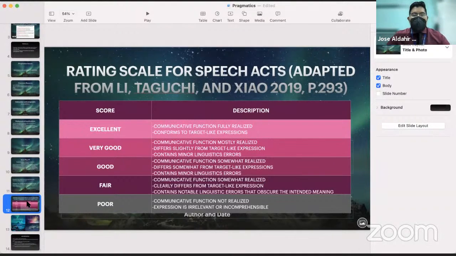So being excellent, we have a communicative function that the student fully realized, conforming to target-like expressions, and at the minor category, or the poor, is the student who does not realize the communicative function, so he probably didn't know how to refuse an invitation, or the expression that he or she said was irrelevant or incomprehensible.